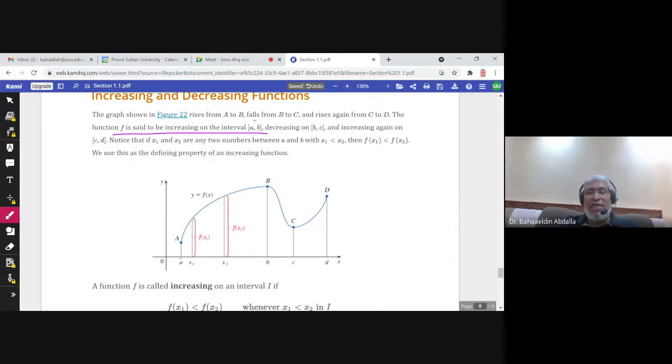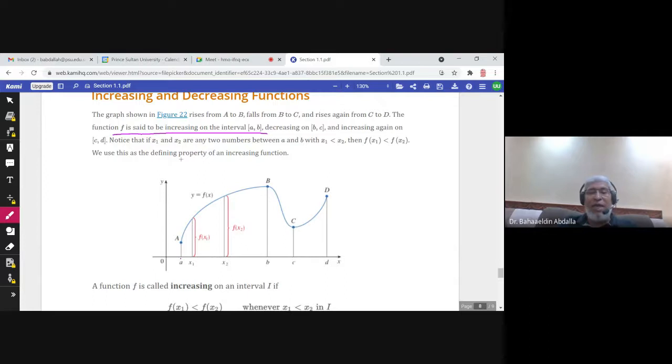So you write the interval on the x-axis. So the function is rising from small a to small b. So we say that it's increasing on AB, decreasing from b to c on the x-axis. So it's decreasing on BC and increasing again from small c to small d. So it's increasing again on CD.